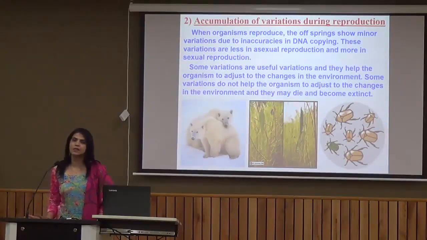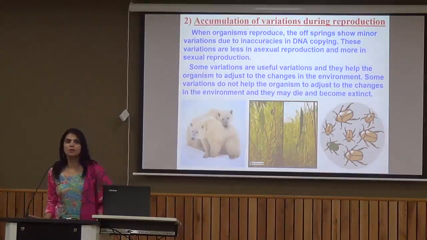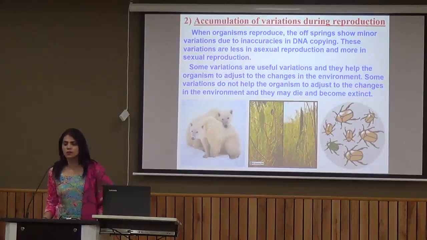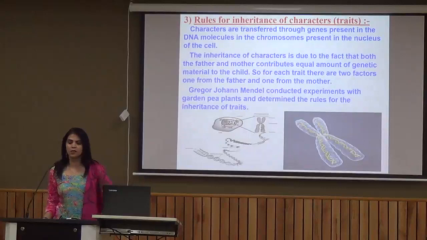So the basic significance of reproduction is that the variations will keep on accumulating, and they keep on passing from one generation to the next generation. And as the variations keep on accumulating, slowly and steadily it would lead to the formation of a new species.